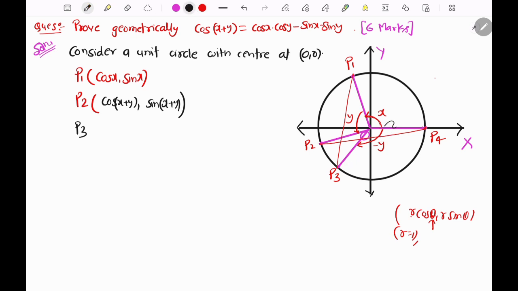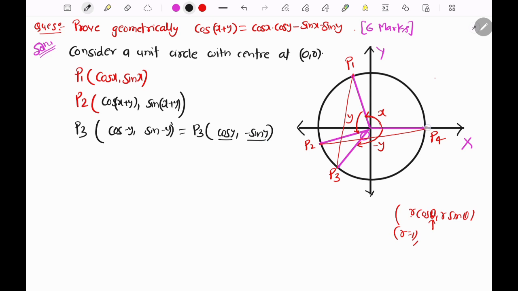Now you can see, from the x axis, if we go this way, then theta will be negative, because if we measure clockwise then the sign will be negative. So this point will be (cos(-y), sin(-y)), and we know that sin of minus theta is minus sin theta. So this point would be (cos y, -sin y), because cos(-theta) is plus cos theta, so it is cos y and it is minus sin y.